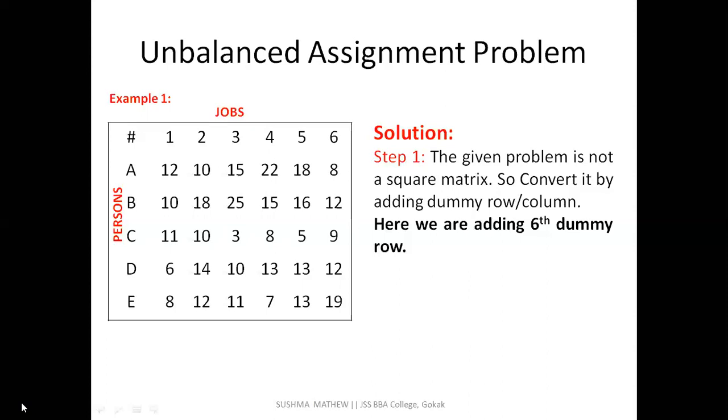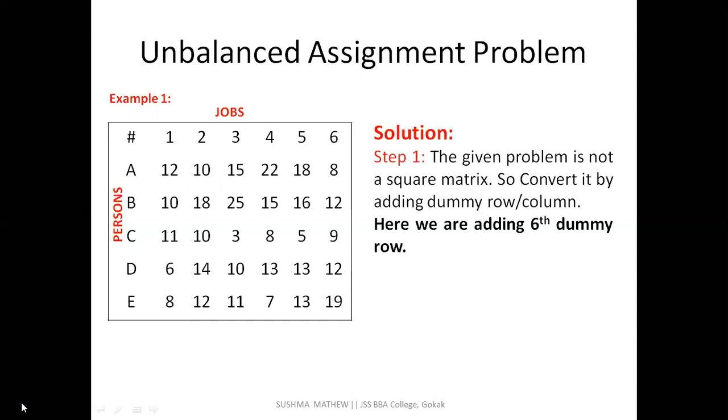So what do we do whenever we come across a matrix which is not square? See, to solve any assignment problem, it is mandatory that we should have a square matrix. So whenever we have such an unbalanced assignment problem, we have to convert it into a balanced assignment problem by adding necessary rows or columns which are dummy.